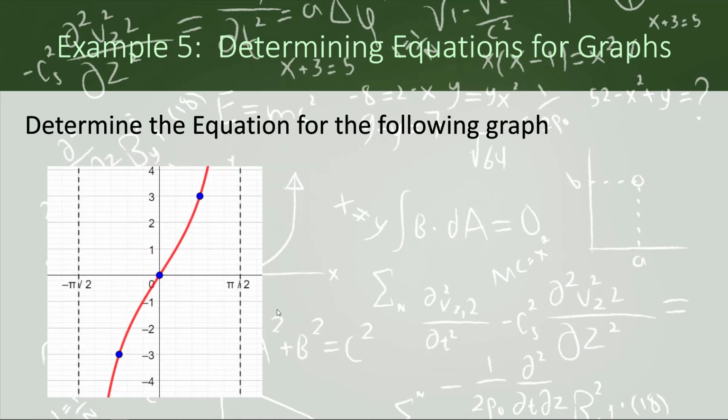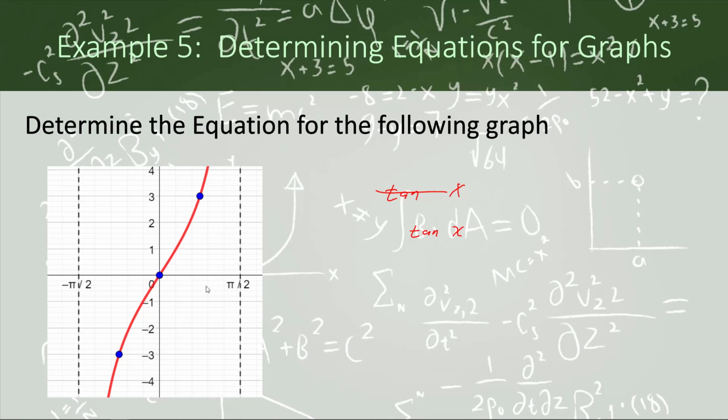What about this one? Well, this looks a lot like a tangent function. Also notice that it basically spans from negative pi over 2 to pi over 2, which is one period, which is the period of a tangent function. So there is no coefficient, so we can just go ahead and write this as tangent of x.